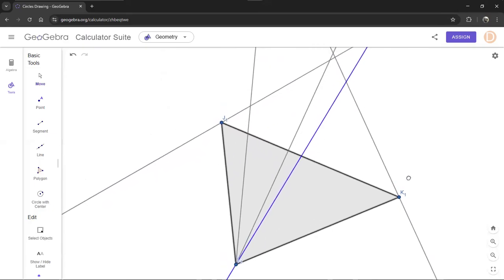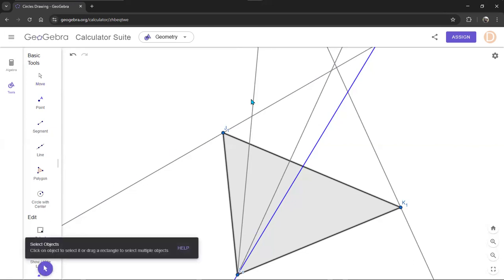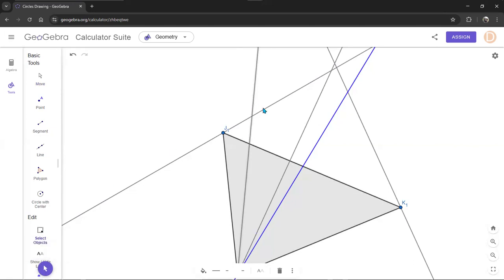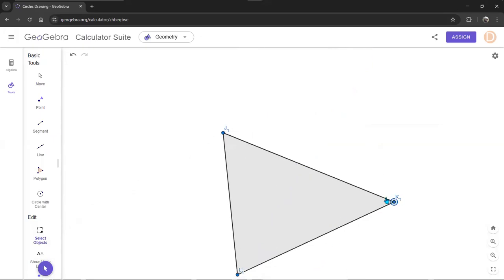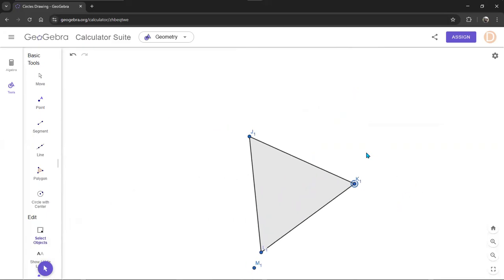Since we had drawn the vertices in the wrong part, let's just select them and take them all out. So we need this one, this one, this one, this one, this one. Let's just take them all out. And then our circle remains. Not our circle, but our triangle.